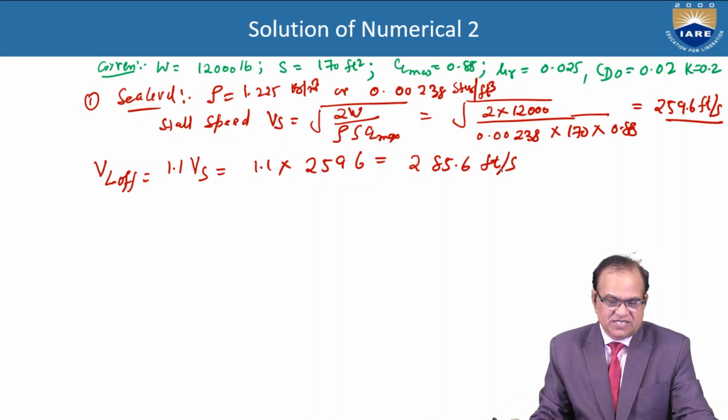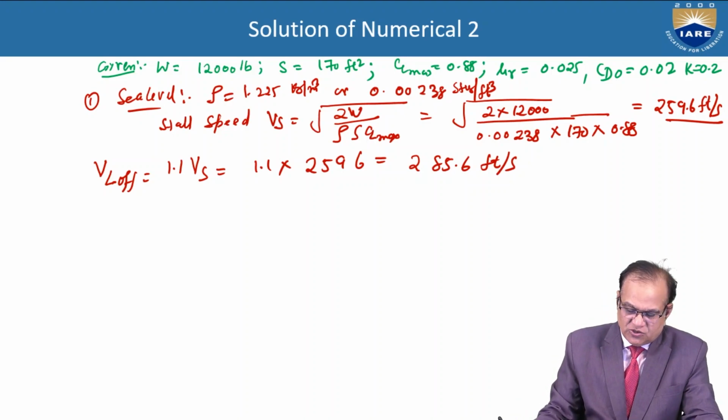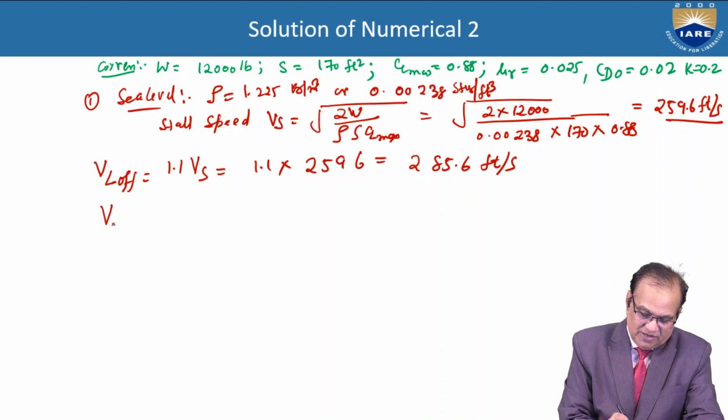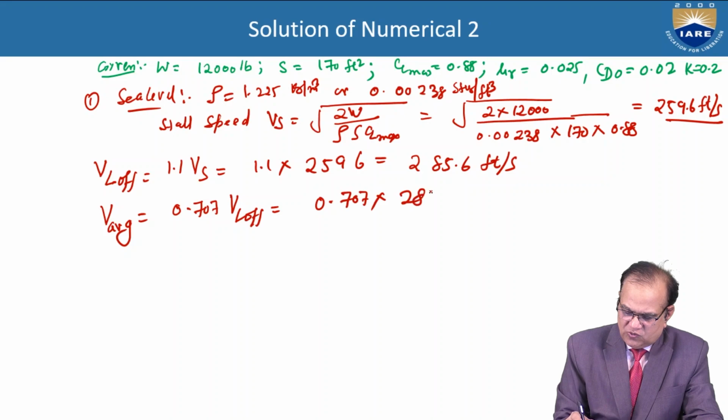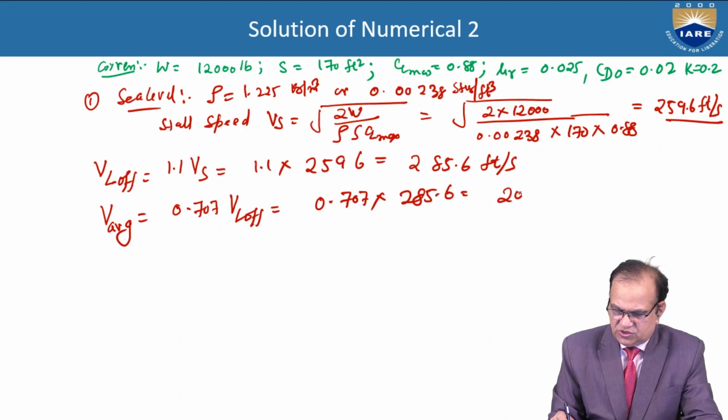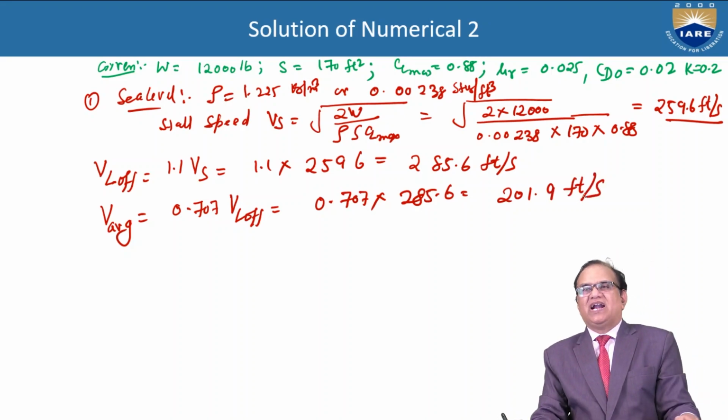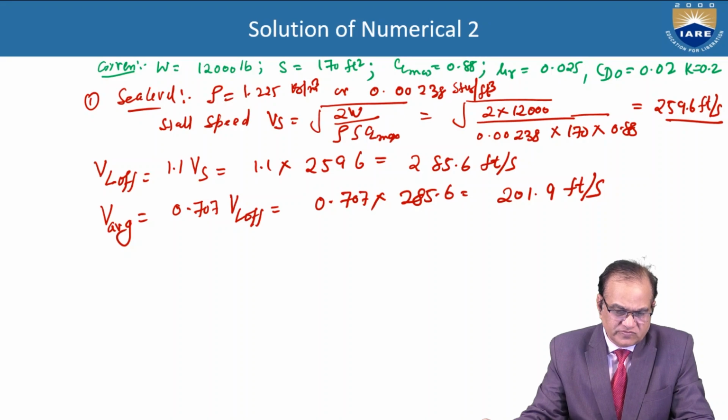We also know that we have to take the average of the velocity. So average velocity is equal to 0.707 into V liftoff. So 0.707 into 285.6, you will get 201.9 feet per second. So we got the V average also.